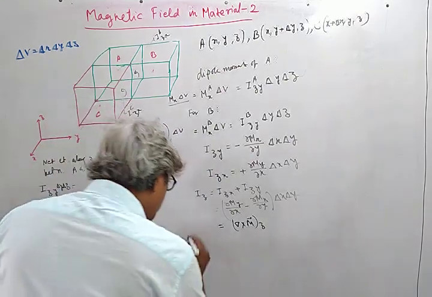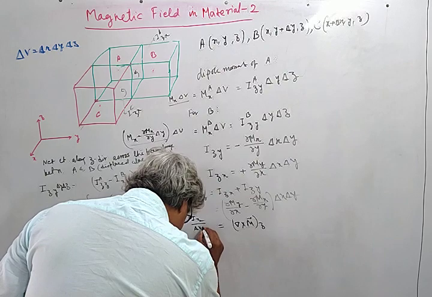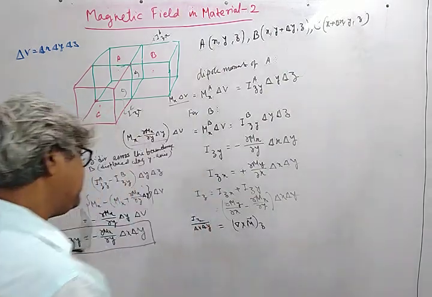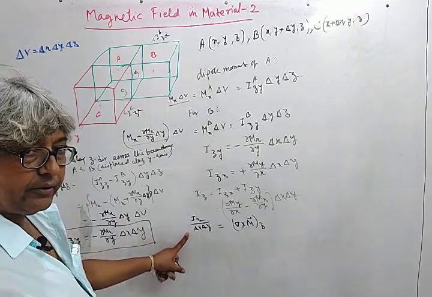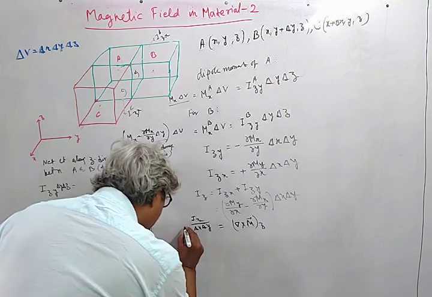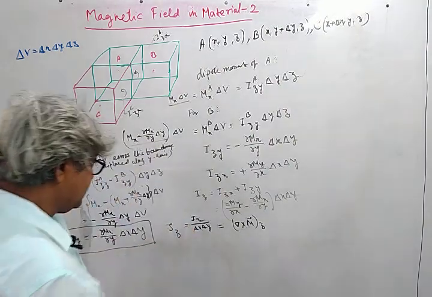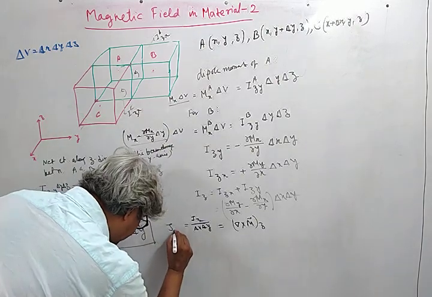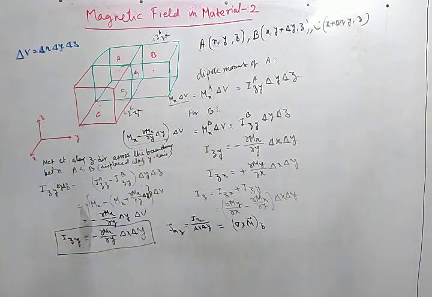So we divide I_z by delta x delta y. This is the current along the z direction across unit length, so to say this is j_z, but we use j_mz to remind us that this is the z component of the magnetization current density.